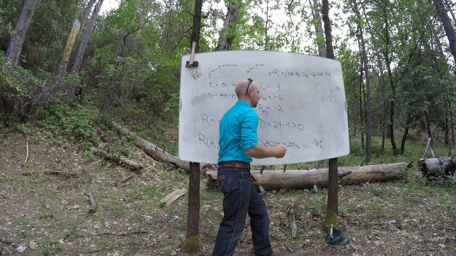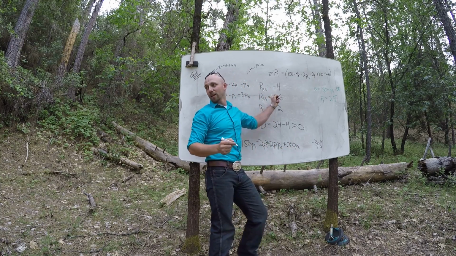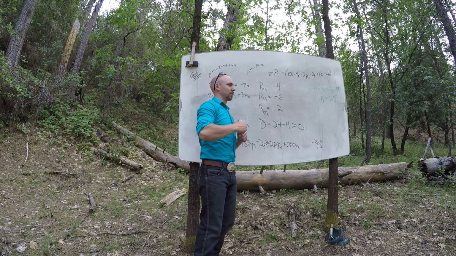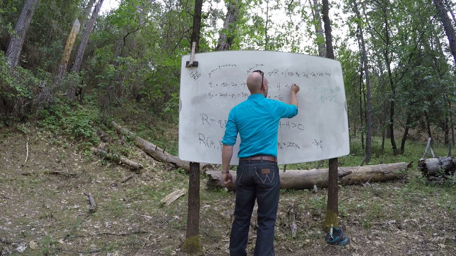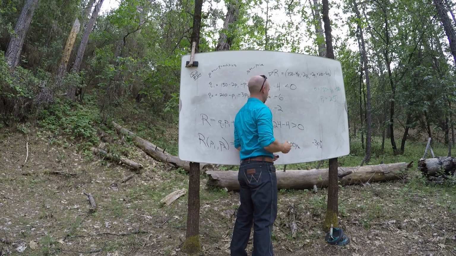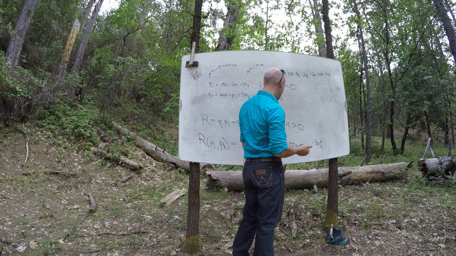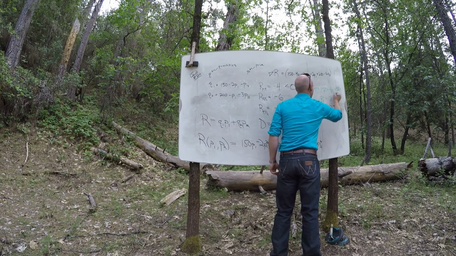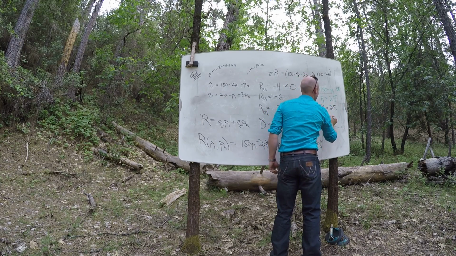Perfect. D is bigger than 0. And my concavities are both negative, right? So I have a max. Then P2 was also 25. Yes. And this thing is a max.